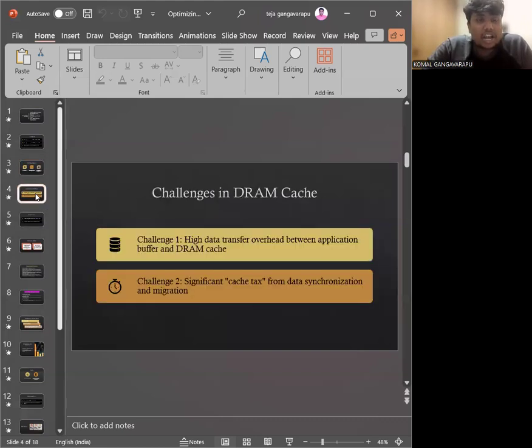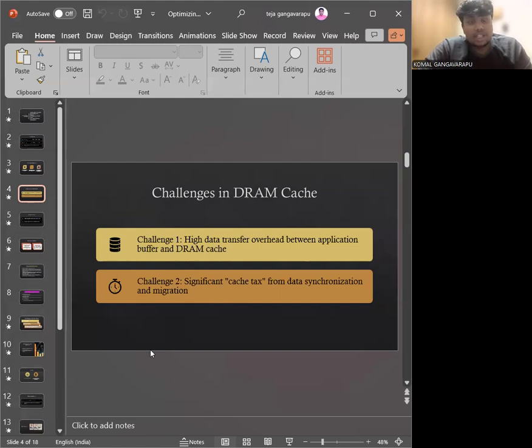And coming to the next slide, challenges we faced in the DRAM cache. Mainly, there are two types of challenges as mentioned in the slide. Challenge one says high data transfer overhead between the application buffer and DRAM cache. This slide explores unique difficulties that arise with a DRAM cache.